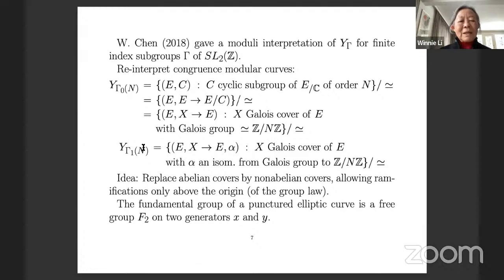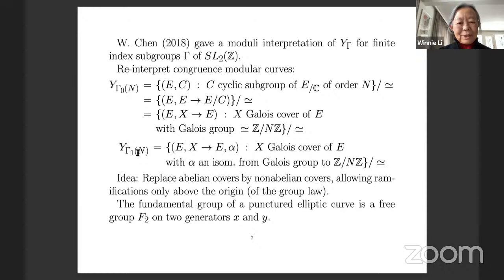So if we want to look at the modular curve for gamma 1 of n, we know that it parameterizes E together with a point of order n. So that means that if I start with a cyclic group of order n, we have to choose a generator inside this group.